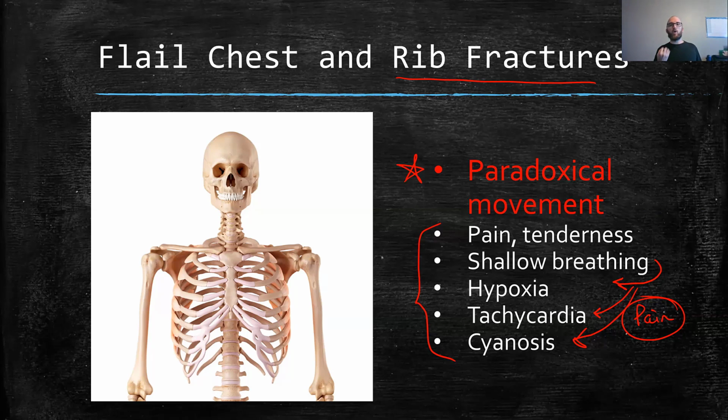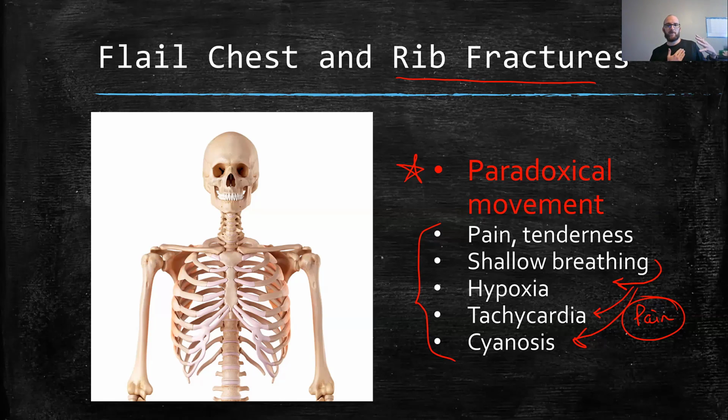You should think about that negative vacuum pulling in that flail segment. So when we breathe in and our rib cage expands out, that flail segment is going to look like it sinks in. It's getting pulled in by that same negative vacuum that's pulling in the air, because we're all breathing off of negative pressure ventilation, right? So we take a breath in, flail segment sinks down.